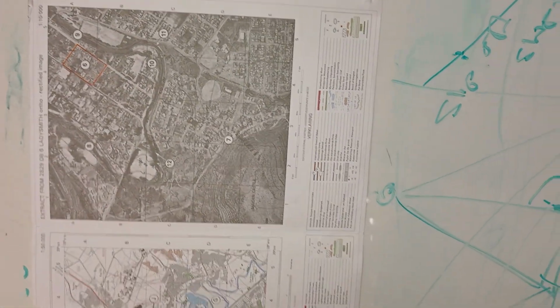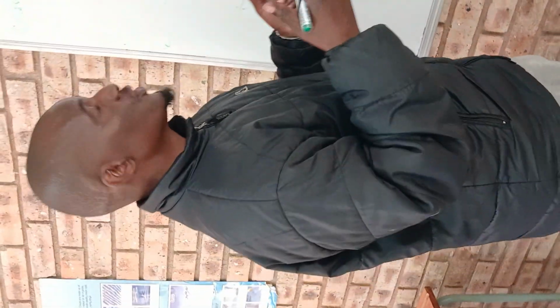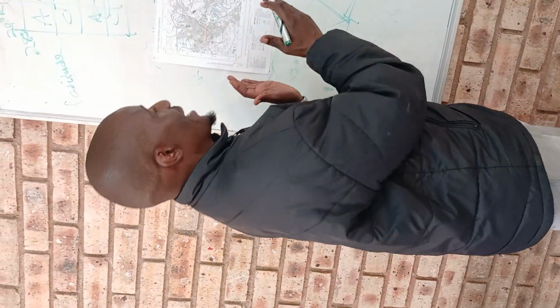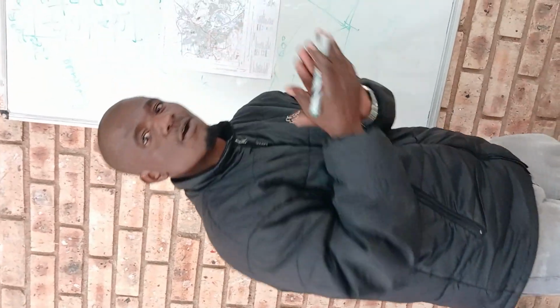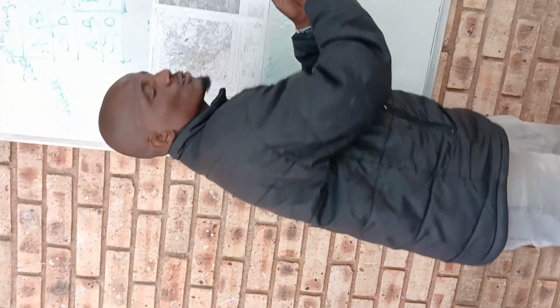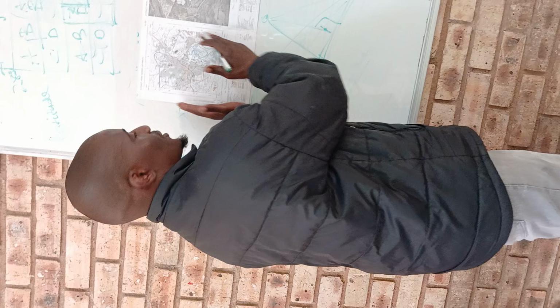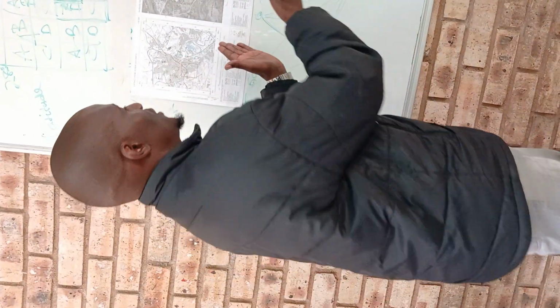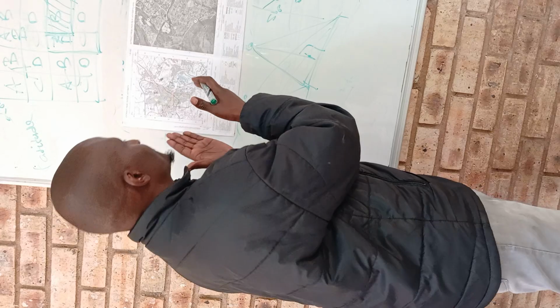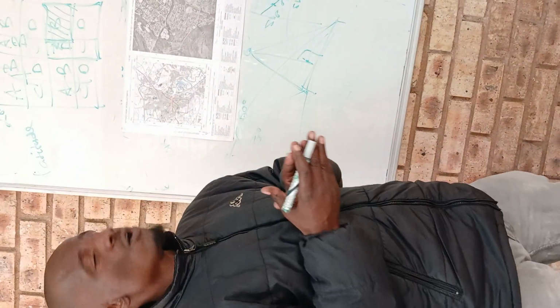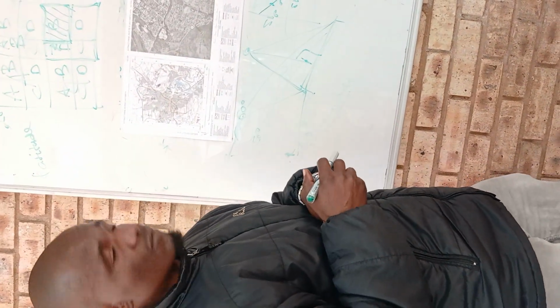So in conclusion, boys and girls, I'm just saying that map work is very easy. What you only need to do is to make sure that you understand what a topographical map is and what an orthophoto map is, what features you find on a topographical map and what features you find on an orthophoto map. Being able to interpret the scale of these two different types of maps.